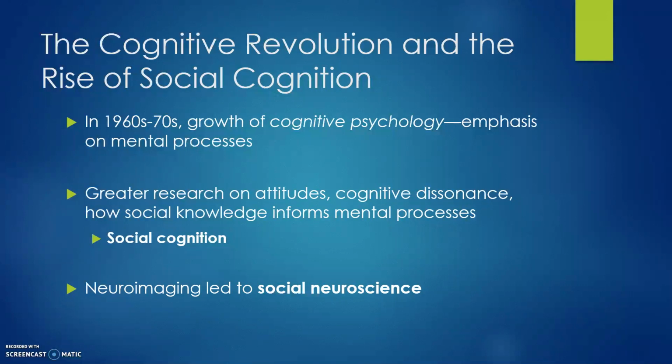And that's really where the field is today. We have a greater emphasis on cognition and mental processes, and we're having a greater reliance on different aspects of the brain. So that's really all I wanted to cover for this short little lecture.